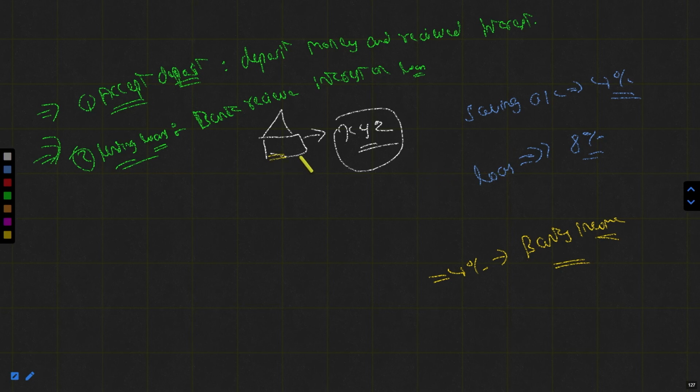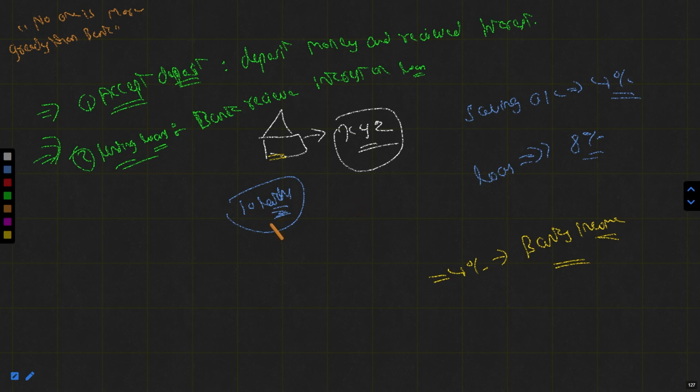Suppose the bank had total deposits of rupees 10 lakhs. Remember the famous quote I told you at the very start of this series, which was generated by me: no one is more greedy than a bank.